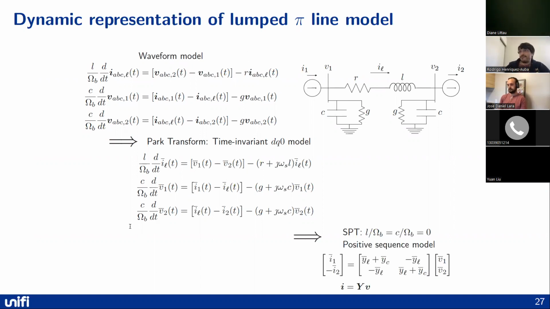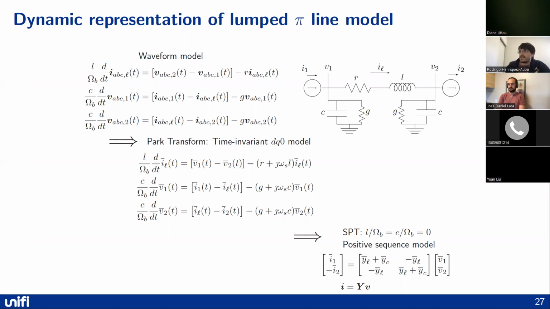Finally, as a final step, you can use singular perturbation theory to get rid of the left-hand side of the equation, because the terms L over omega b or C over omega b are quite small in 50 or 60 hertz systems. Singular perturbation theory provides a good avenue to eliminate these dynamics.